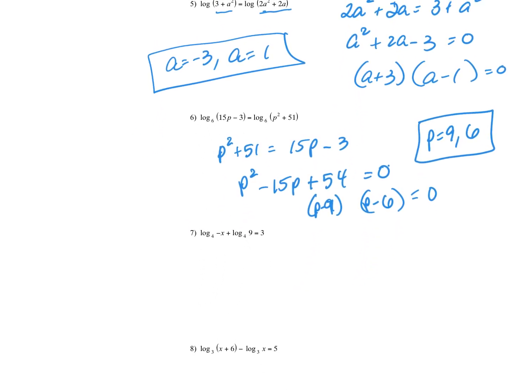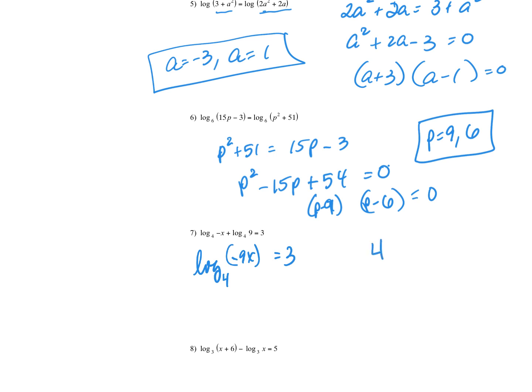Next one says log base 4 of -x plus log base 4 of 9 equals 3. When you have a plus, you change it to 1 log of base 4, and you multiply, 9 and -x. That gives you -9x equals 3. Well, we don't have a log on both sides, so we have to put it in exponential form.